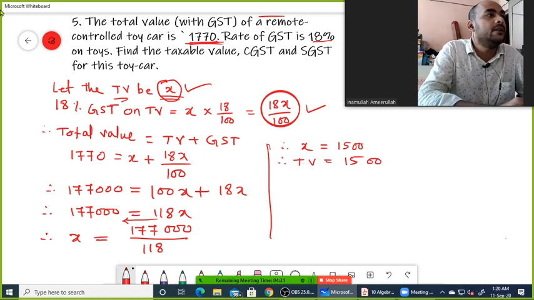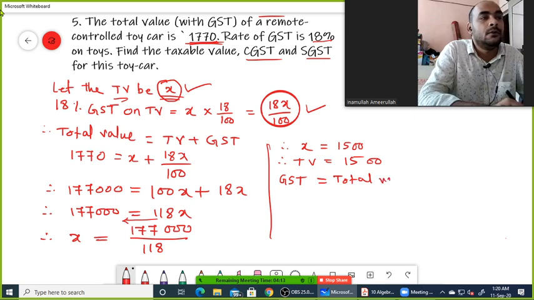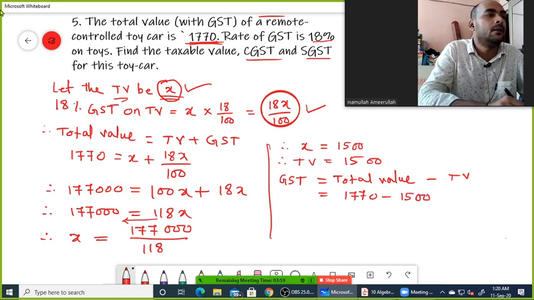Next is find out CGST and SGST of the toy. So we need to find out GST first. So here we can write GST is actually total value minus taxable value. So total value is 1770 minus taxable value 1500. So GST amount is 270.